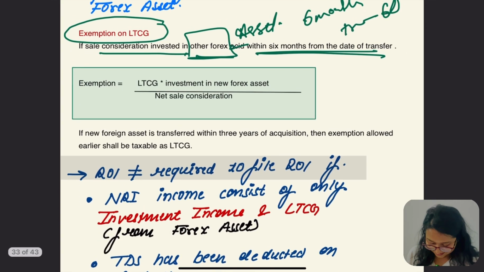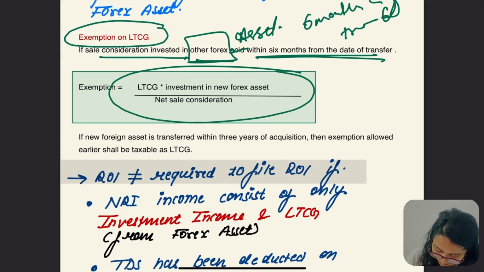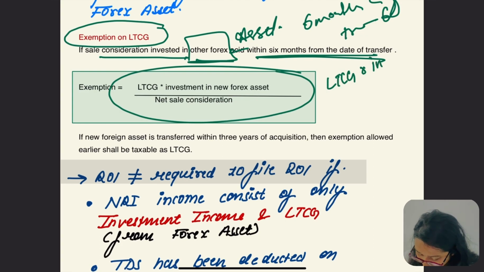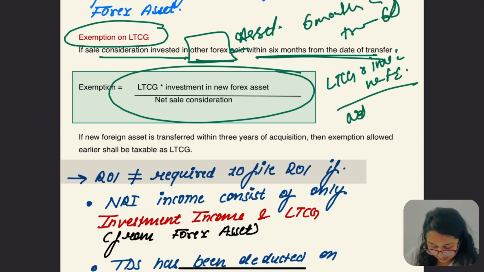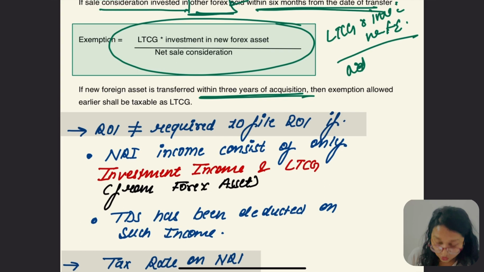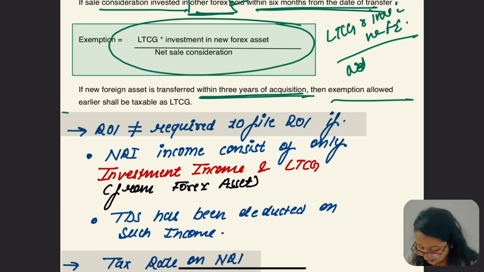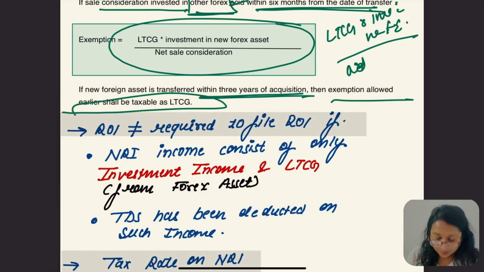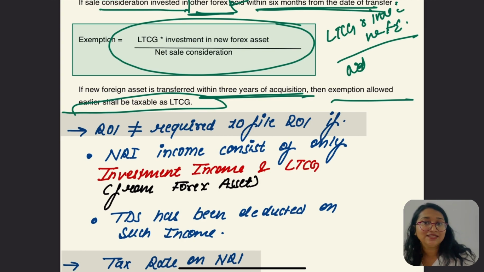We know this again: long term capital gain into investment in the new foreign exchange asset upon net sale consideration gives the amount of exemption. If the new foreign asset is transferred within 3 years of acquisition, then no exemption is allowed, and the exemption earlier given will be taxable as LTCG.